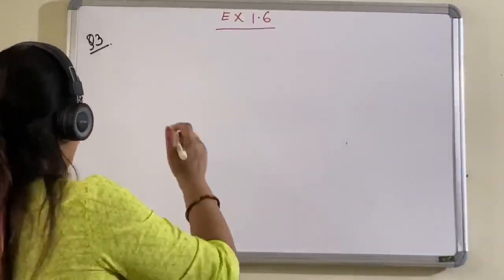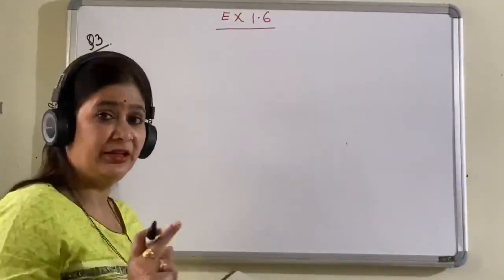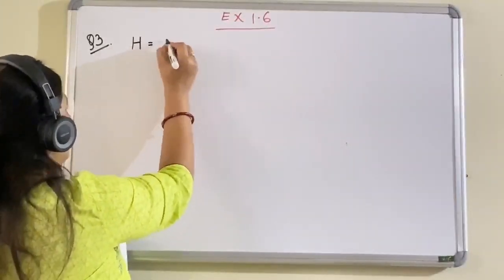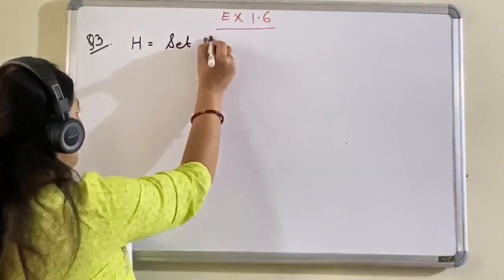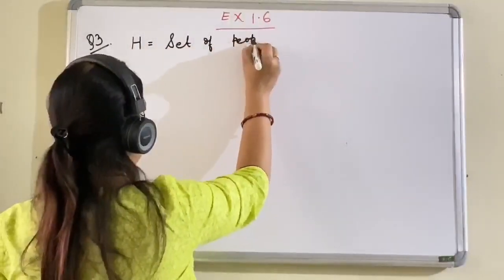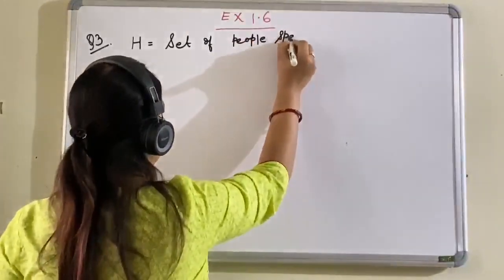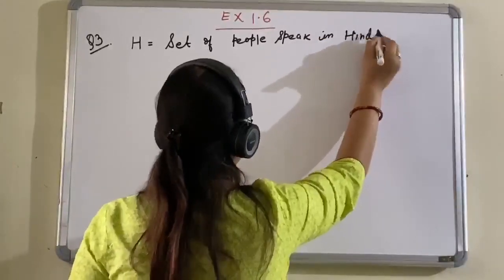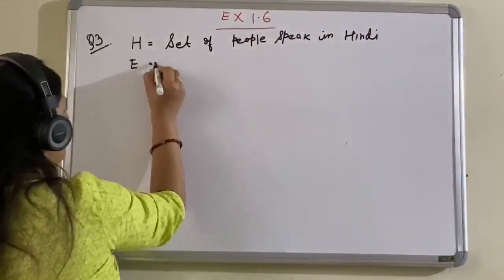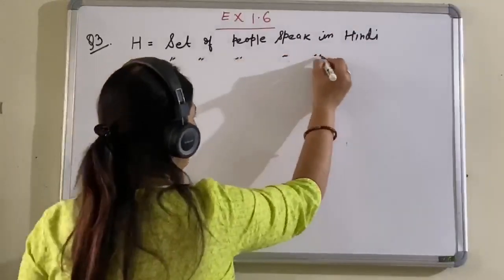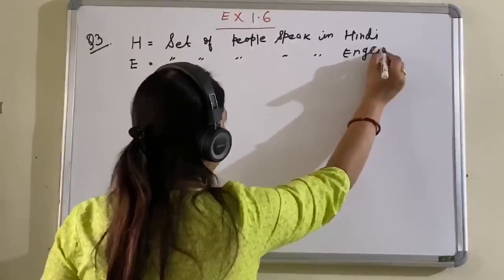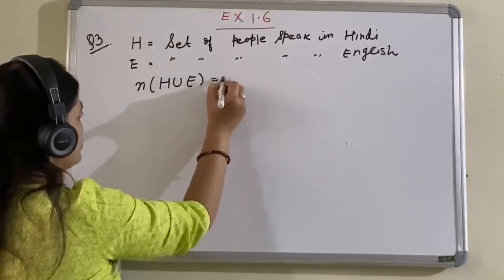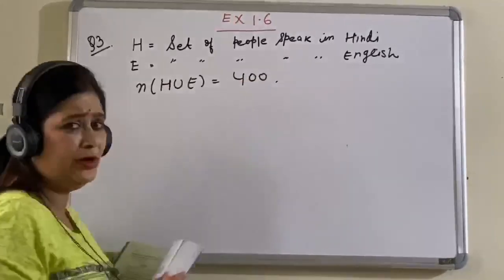So, first suppose that let H be a set of people who speak Hindi, and the second set E, the set of people who speak English. Now there are a total of 400 people. So n of H union E is equal to 400.